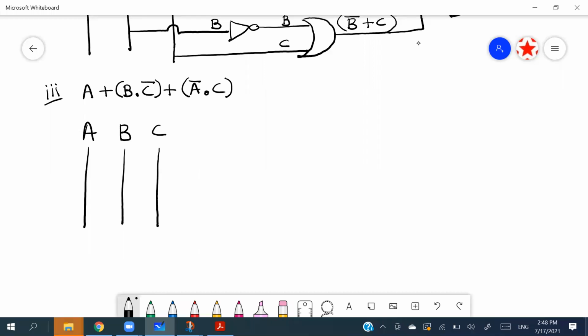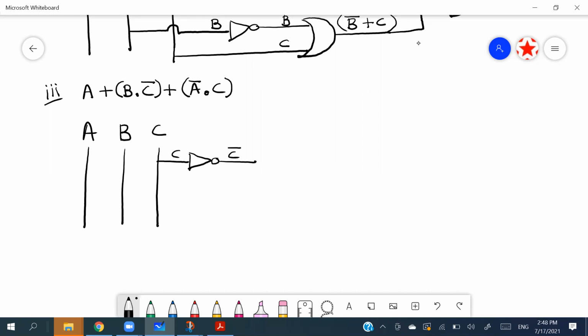These brackets are at the same level, so you can go for any bracket you like. I'm taking the first bracket that I see, B dot C bar. First I have to create C bar. Here I'm creating C bar. This receives C and this is going to be C bar.